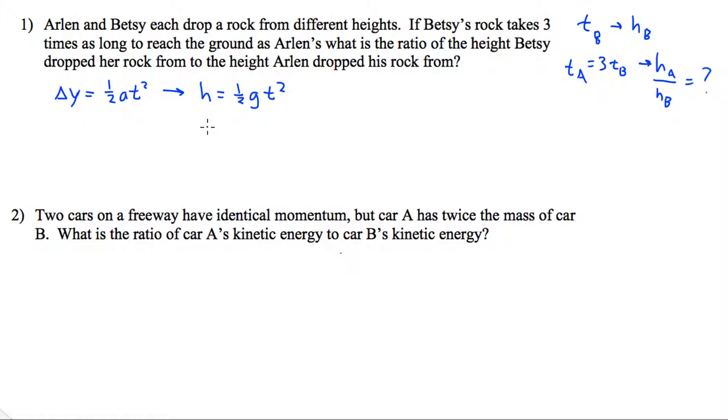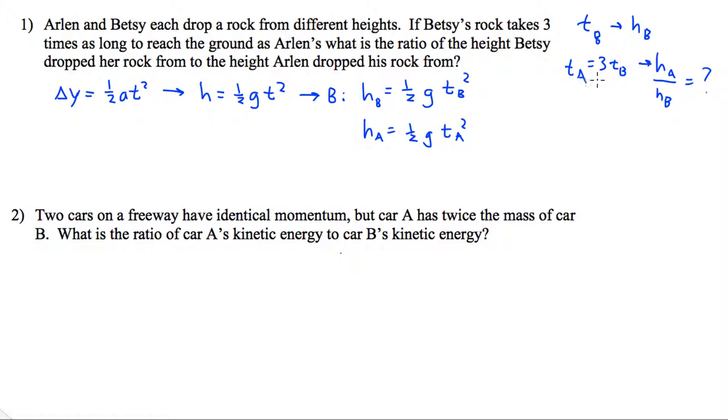Now we take this and plug in our two situations. For Betsy, height for Betsy equals 1/2 G times time for Betsy squared. And for Arlen, height for Arlen equals 1/2 G time for Arlen squared.